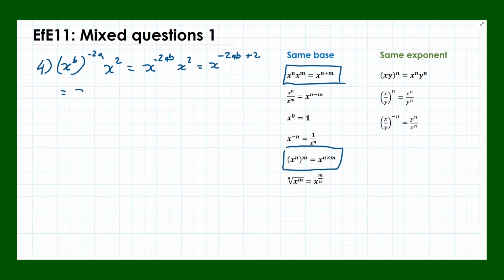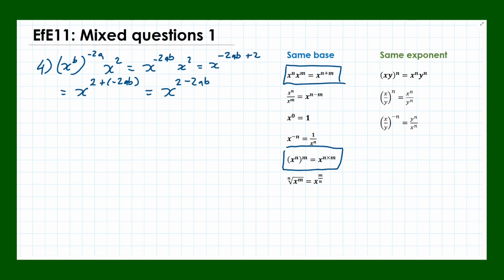So what I could do is switch, because with addition, I can switch the order. So I can write this as 2 plus negative 2ab. Now what we have in the exponent is adding a negative number, but that's basically the same as taking away a number. So the final result will be x to the 2 minus 2ab.